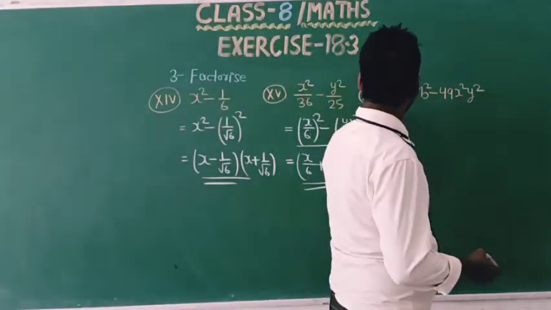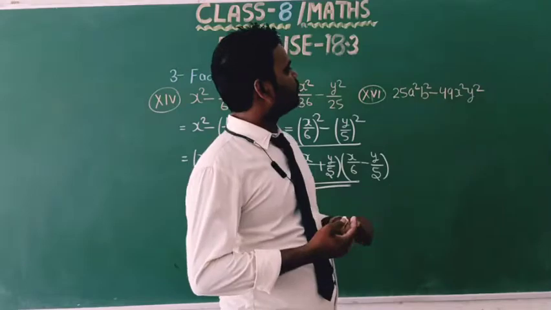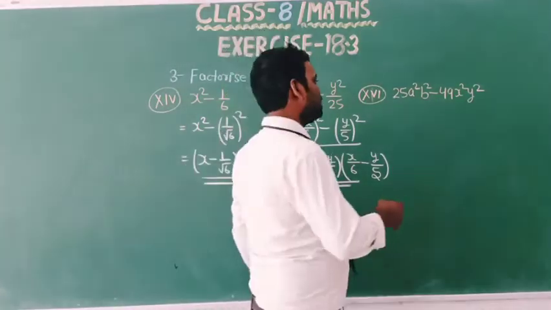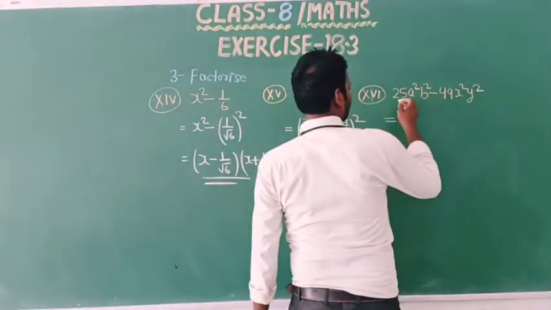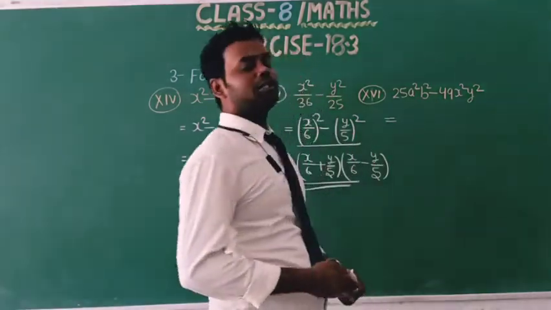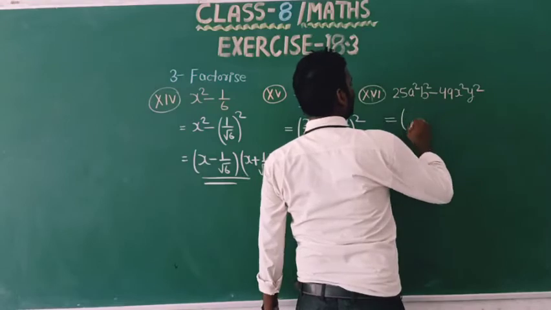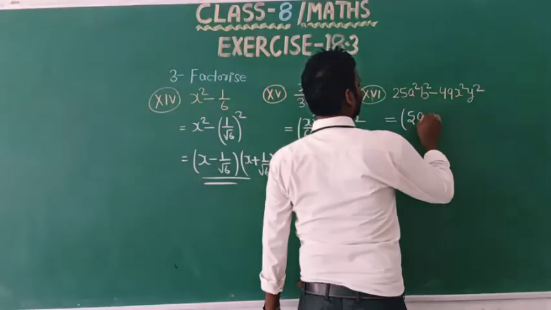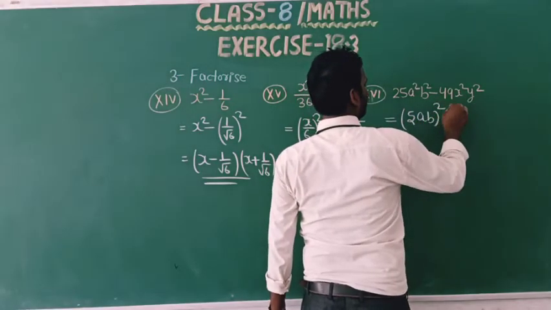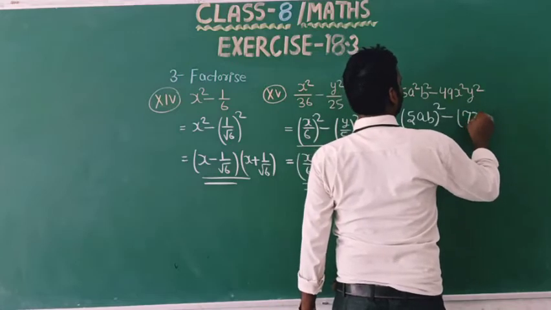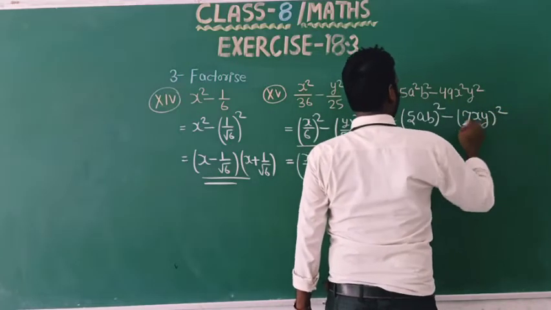The 16th part is 25 a square b square minus 49 x square y square. Similarly, here the first and second terms are perfect squares. So this can be written as 5ab whole square minus 7xy whole square.